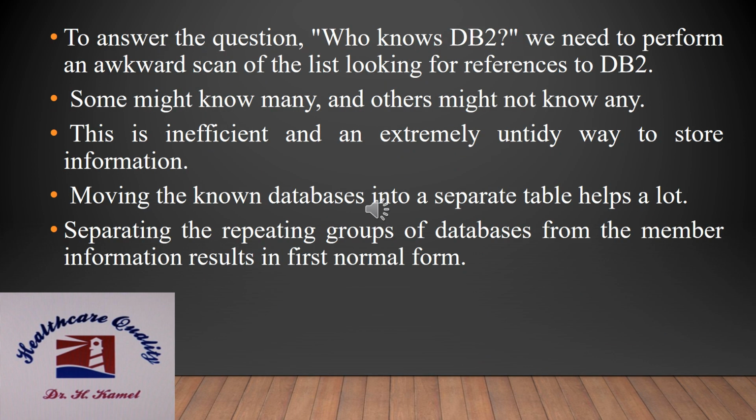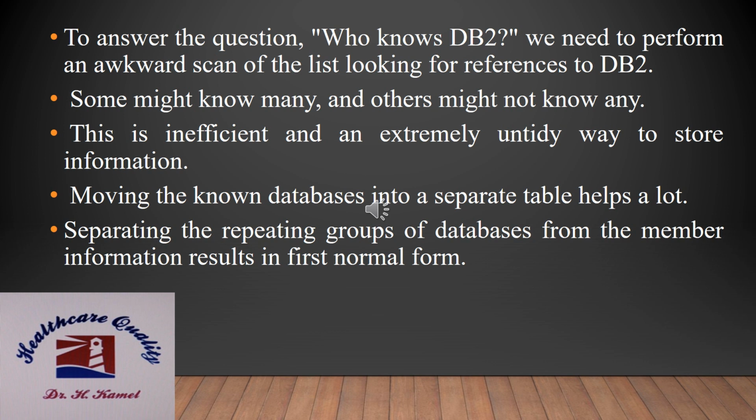To answer the question, who knows database 2, we need to perform an awkward scan of the list, looking for references to database 2. Some might know many, and others might not know any. This is inefficient and an extremely untidy way to store information.